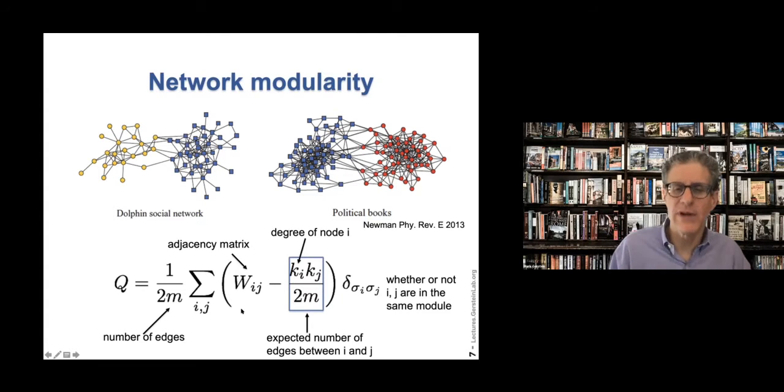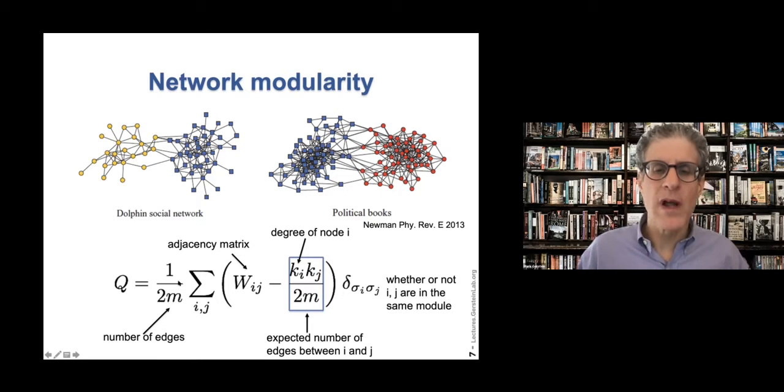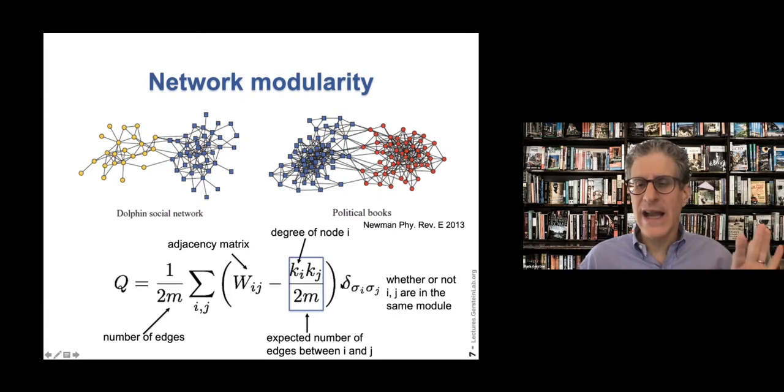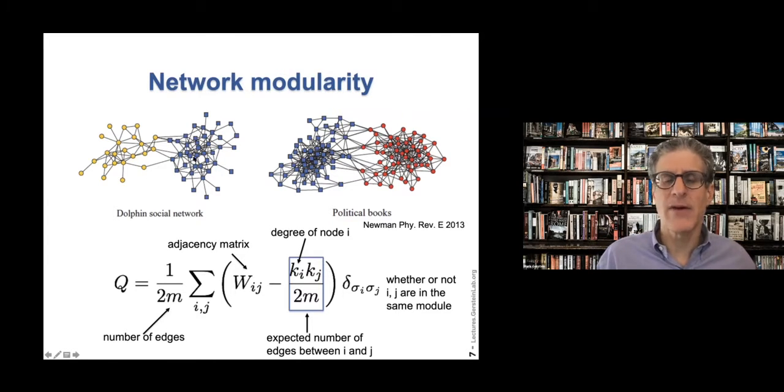And mathematically, we can describe this by computing this number Q, which is a modularity. Basically what we do here is we assign a module label, or a cluster label, or some sort of group label to two things. And then, once we have that labeling, we can evaluate how optimal it is.